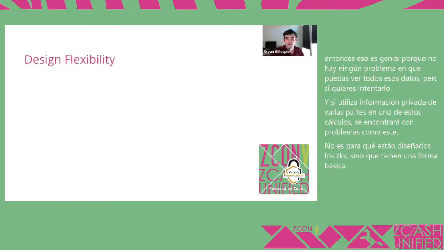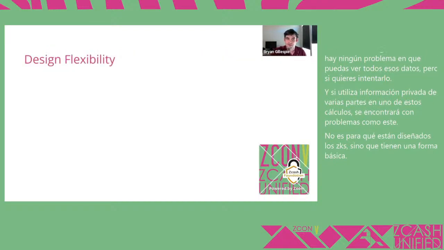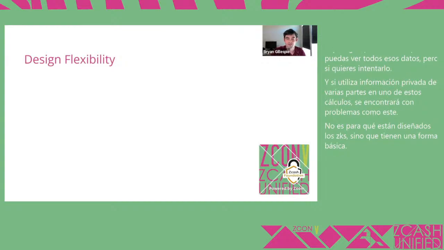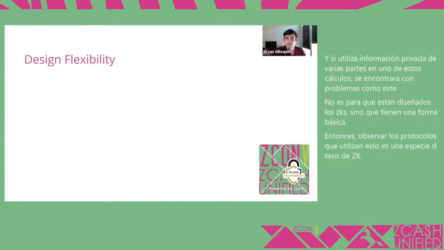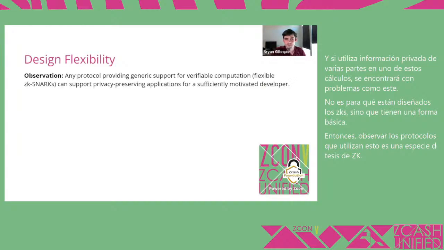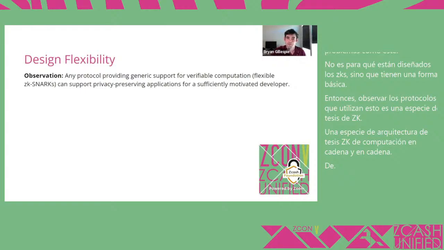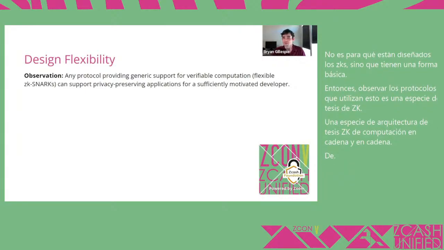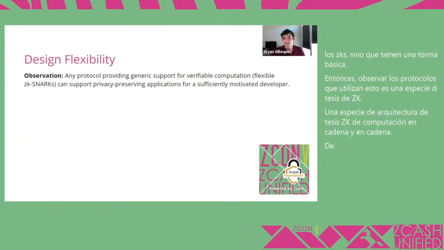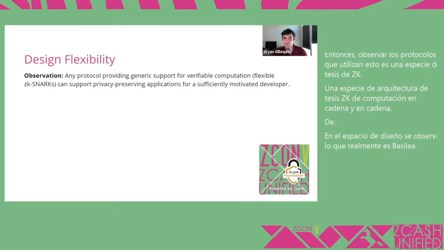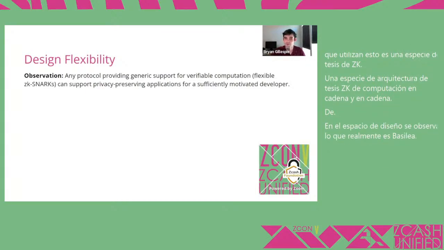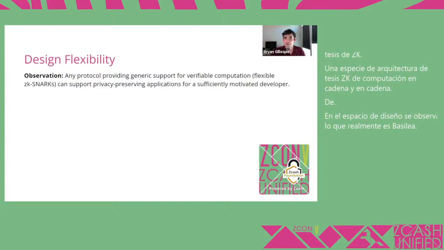So looking at protocols that are using this kind of ZK architecture of off-chain and on-chain computation, what we noticed is that there's a pretty wide variety of trade-offs that can be made in the design space. Our observation is that really the baseline for providing the fundamental tools to support privacy-preserving applications on a protocol is fairly low.